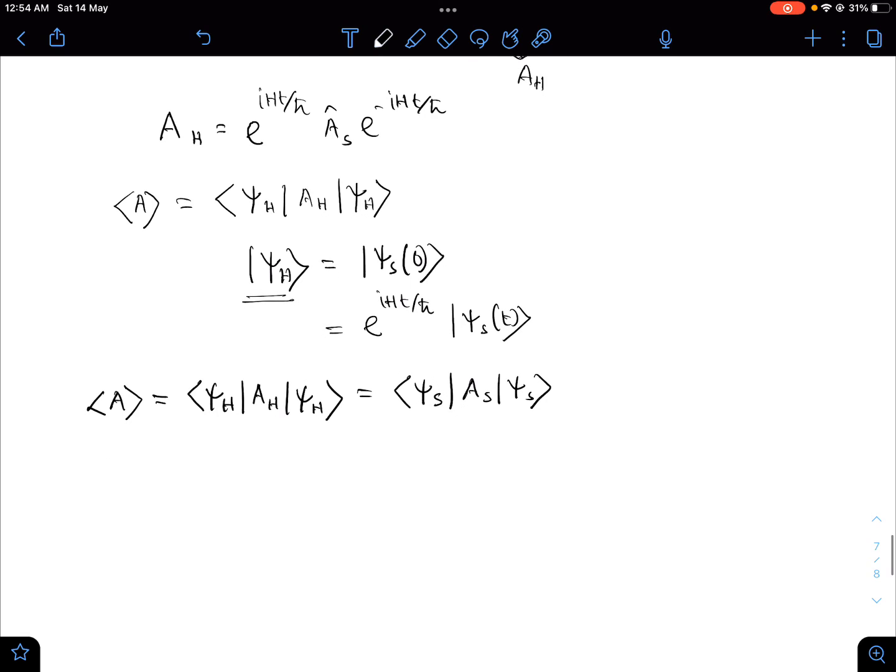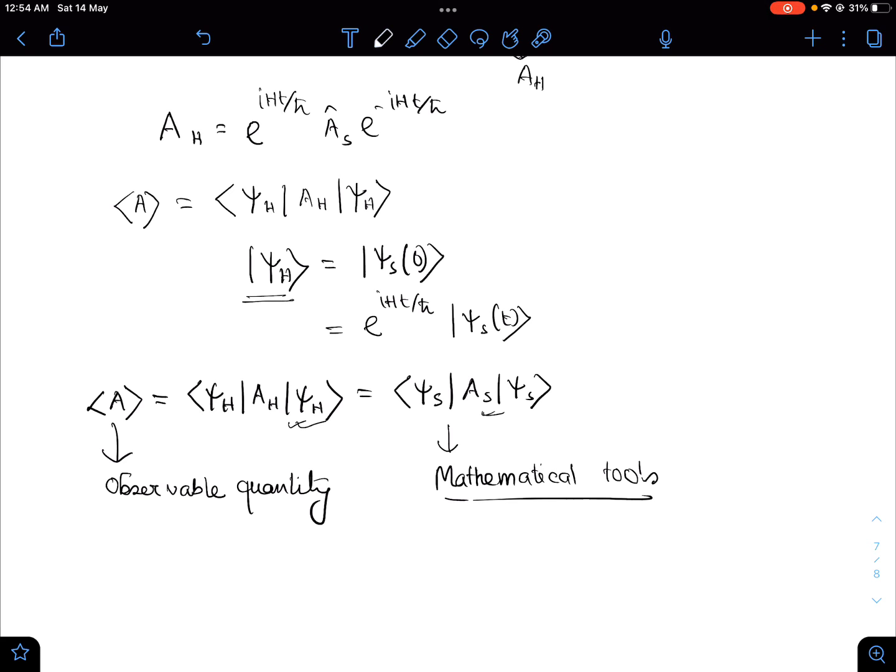So why should this be the same? Because this expectation value is an observable quantity, and these pictures, the Heisenberg picture or the Schrödinger picture, are mathematical tools. Which mathematical tool we are using shouldn't affect our observable quantity.